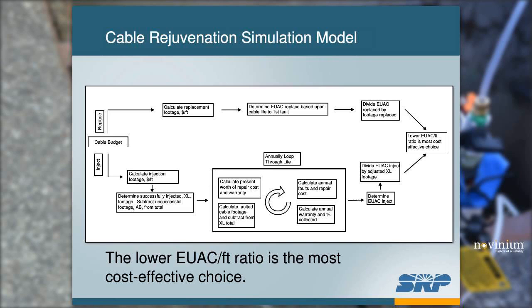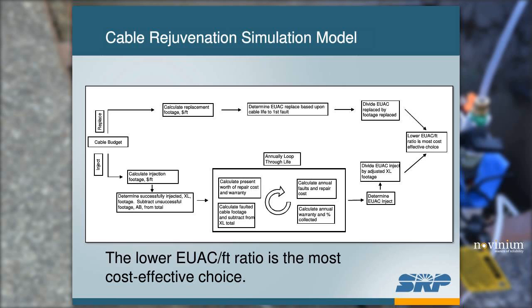And so what we'll do is take that cable footage that's still successful into this loop, and calculate how many faults are going to occur on that cable from our CRO AMSAA, what our repair costs are going to be from that, and how much warranty we're going to collect from that faulted cable.